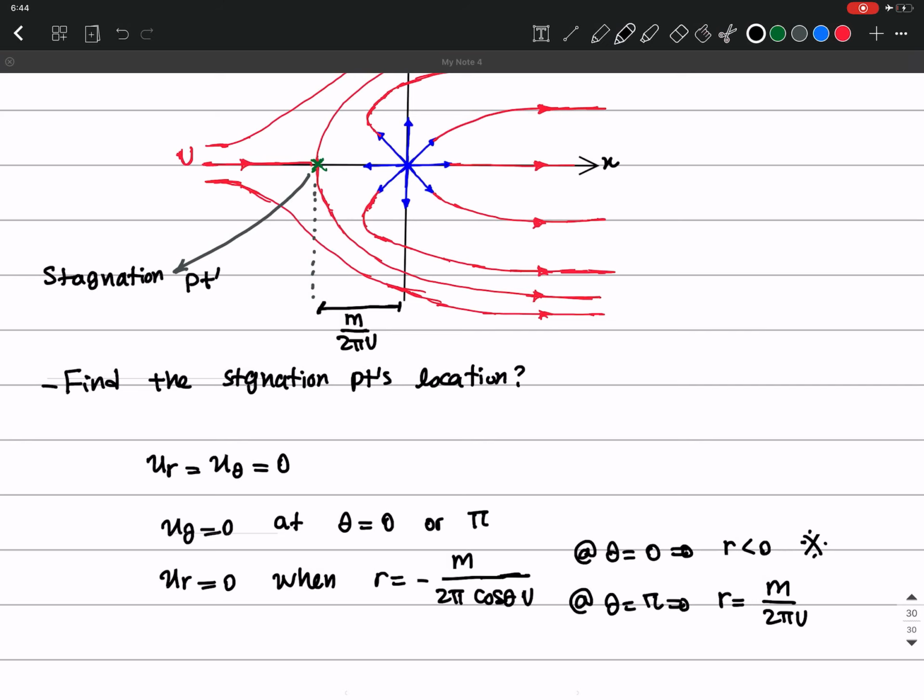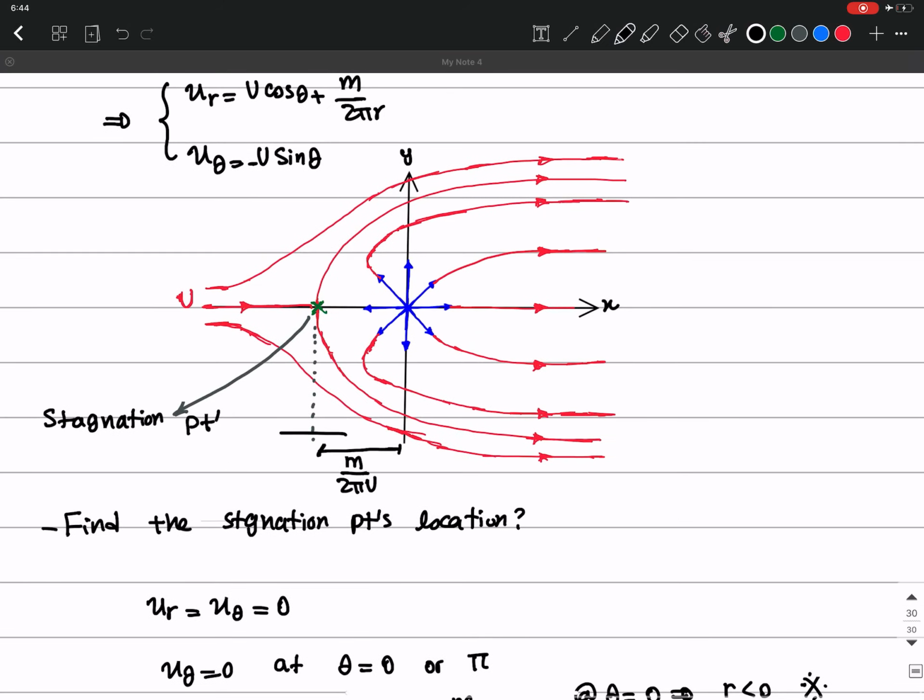If the source is stronger, this is going to occur farther from the source. m shows the strength of the source. If the source is weaker, it's going to occur somewhere closer to the source, okay?